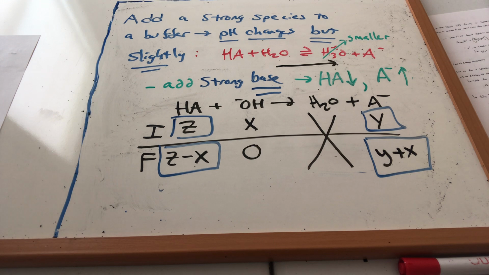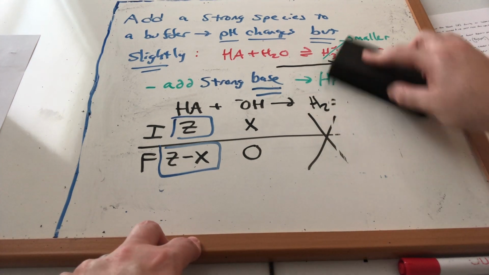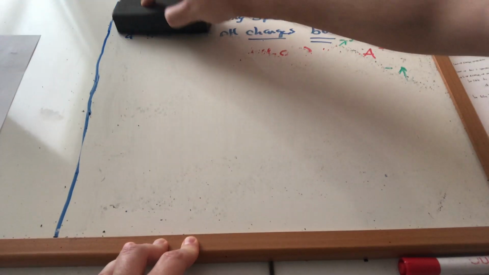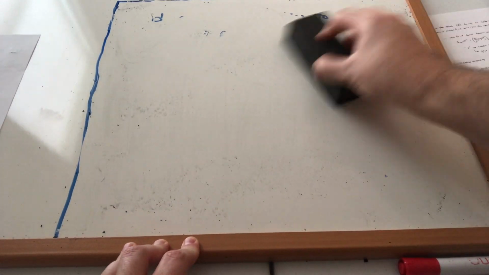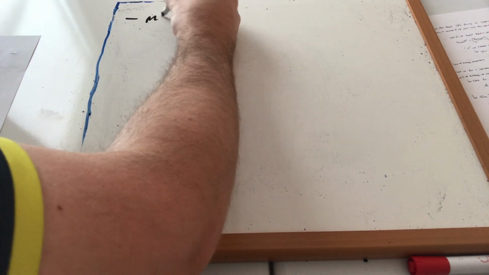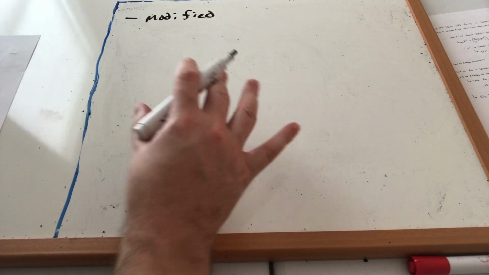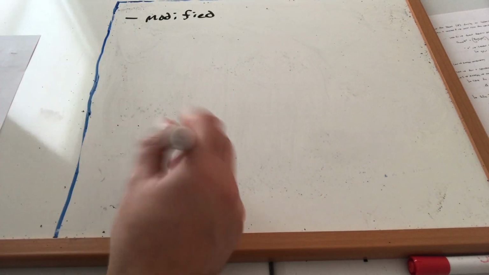So this organizes your thoughts about how a strong species affects the pH of a buffer. And then what we do with this organization is we apply a modified Henderson-Hasselbalch equation. You are going to use this when you have a buffer established and you add something strong to it.